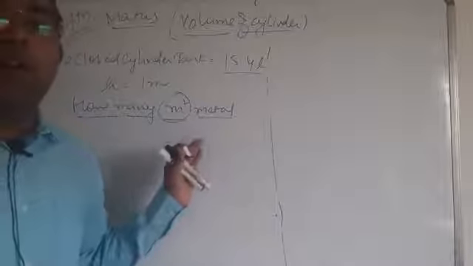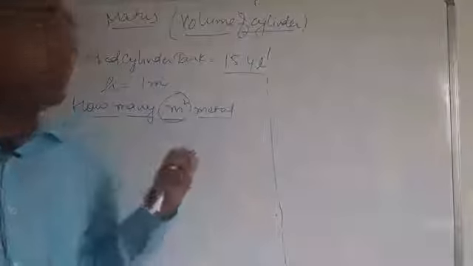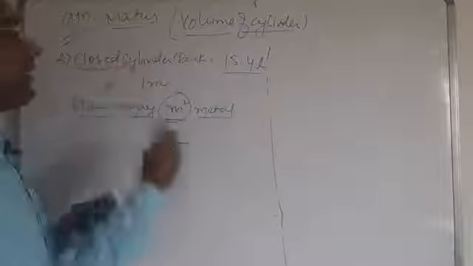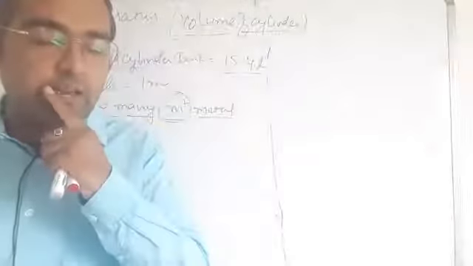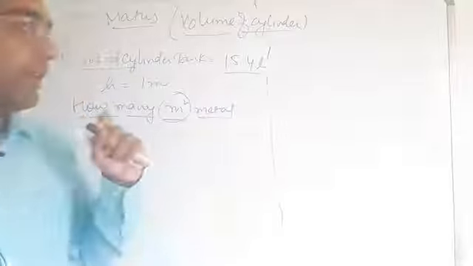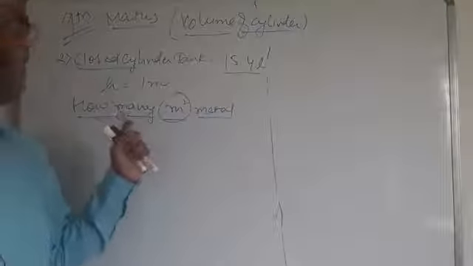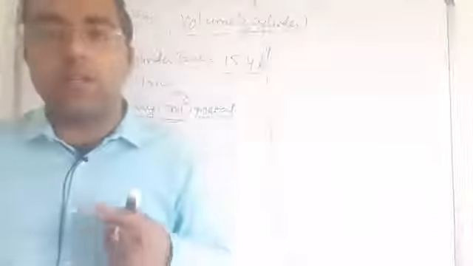But which surface area? Curved surface area or total surface area? Which one do we have to find? Here my cylinder is a closed cylinder, so we have to find the total surface area of the cylinder.